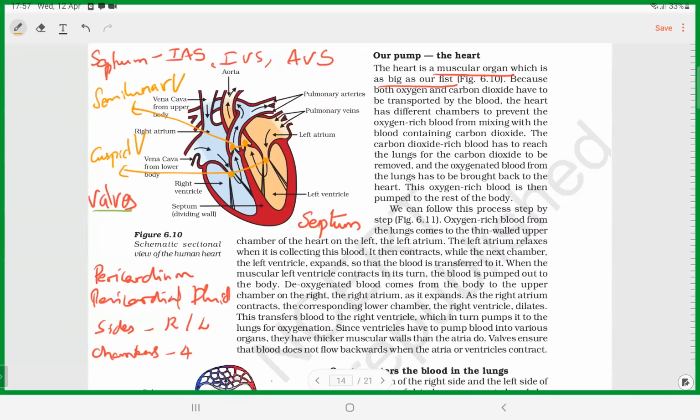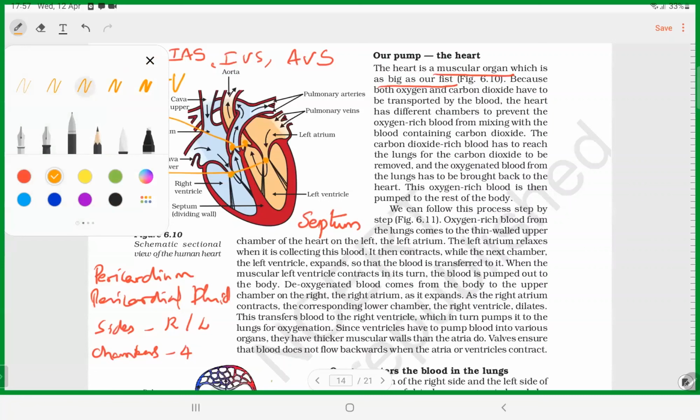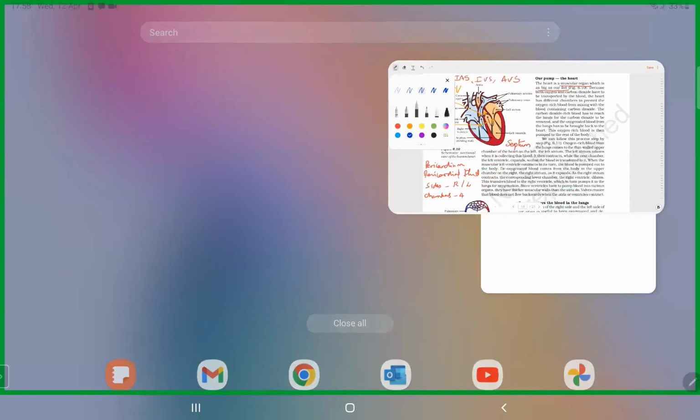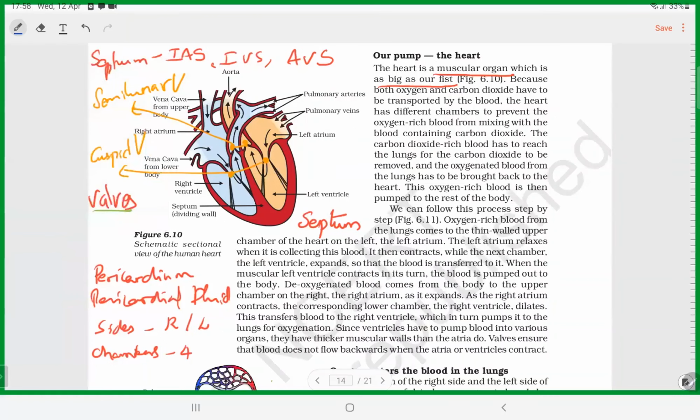Now, let us discuss the entry and exit points of the heart. Okay, how blood enters and exits through the heart. Vena cava. You can see vena cava here and vena cava here.